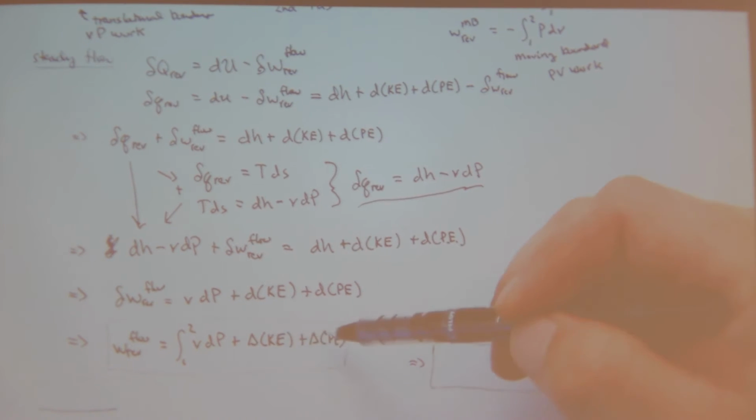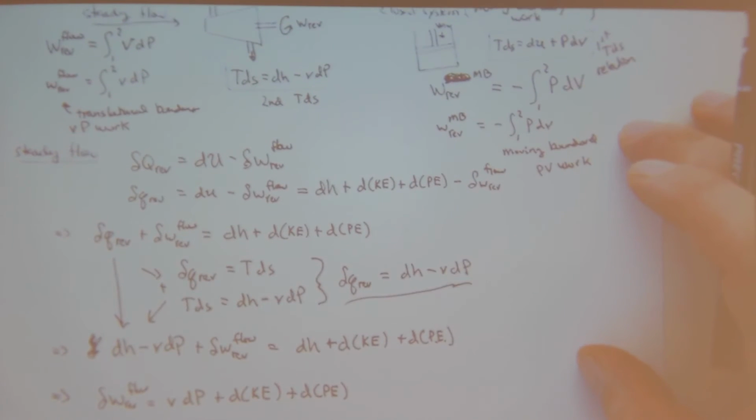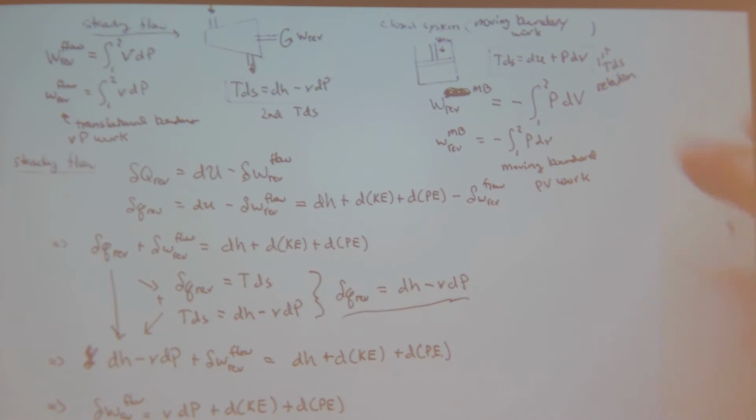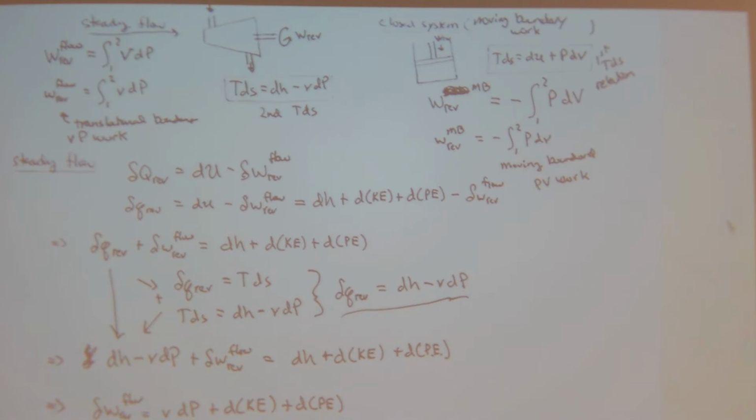Now the question is, for a steady flow problem, what is the change in kinetic energy from here to here? 0. So for most turbines, they're not 100 meters big, right? So my potential energy, or if I was going to say reversible work associated with a pump, usually there's very small pressure difference due to sea level.